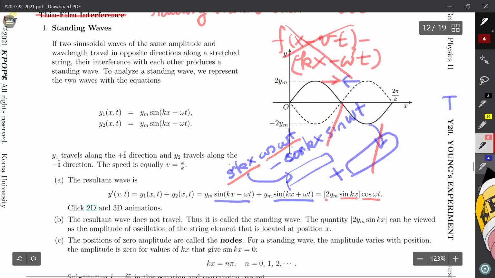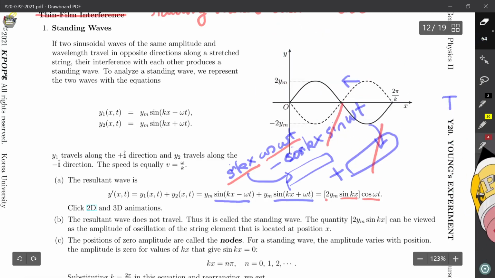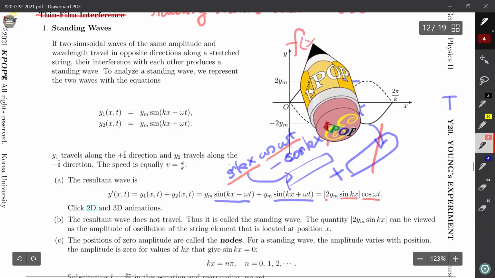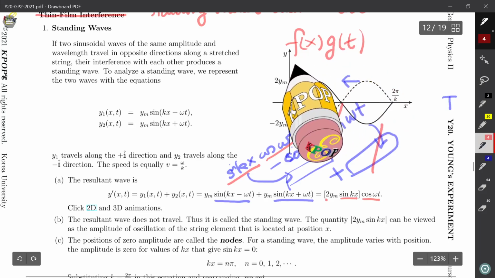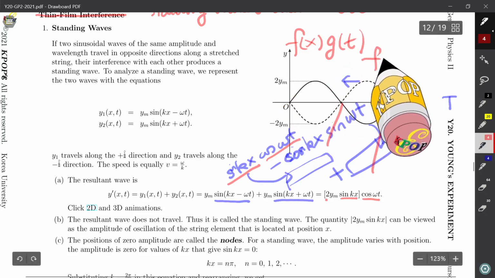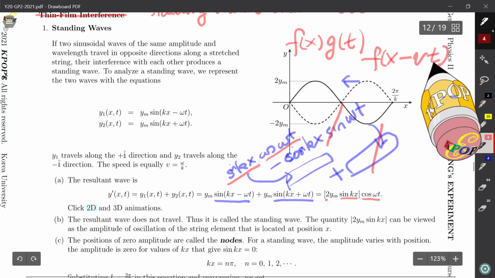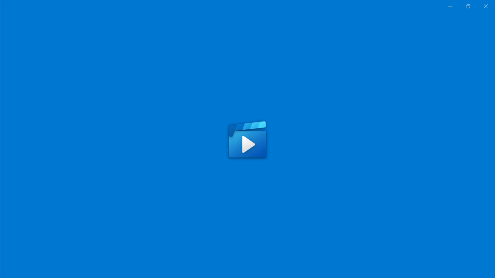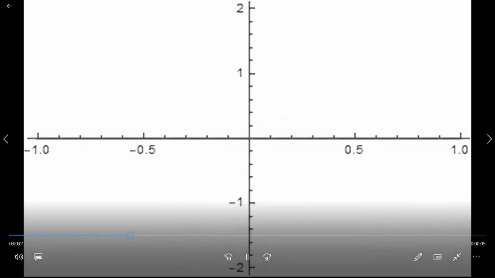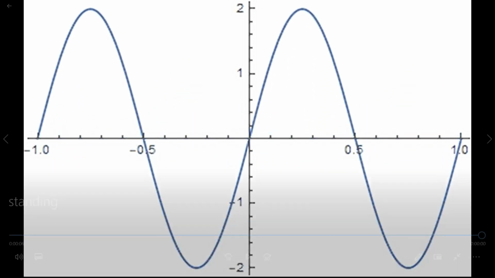It is not in this form, but the product of f of x and g of t. So it is impossible to propagate. Propagation only appears in the form f of x minus vt. That's the reason why the standing wave is not propagating in either direction.